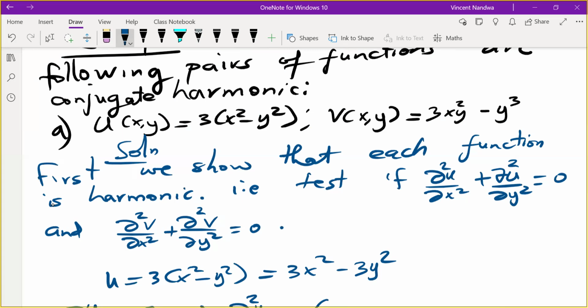Does v also satisfy conditions for being harmonic? Yes or no?